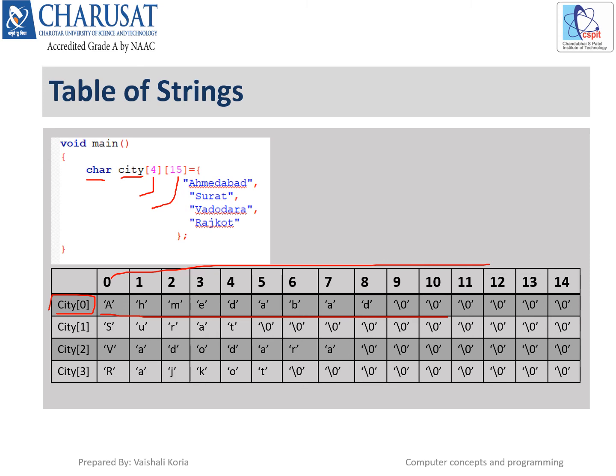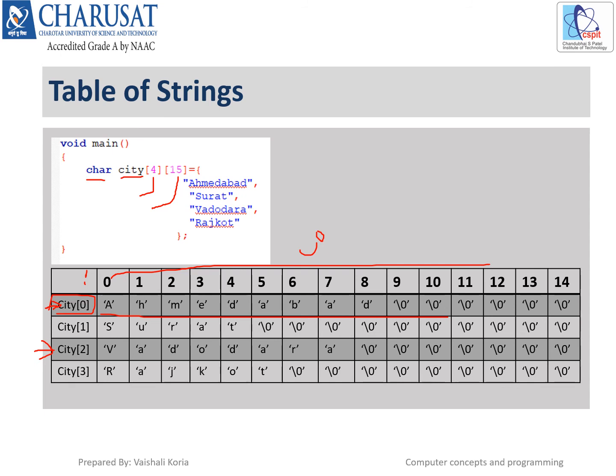If we call the first dimension I, then the value of I would be 0, 1, 2, 3, and the second dimension is J. So city 0, city 1, city 2, city 3 are the 4 strings. If you access city 0, it would be Ahmedabad. If you access city 2, it would be Vadodara, like this. And J is used to access an individual element of a string.